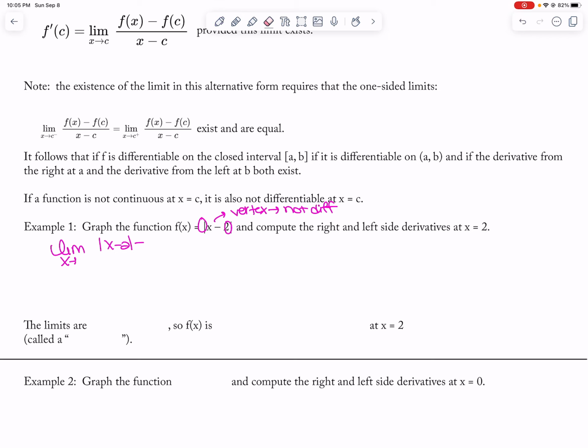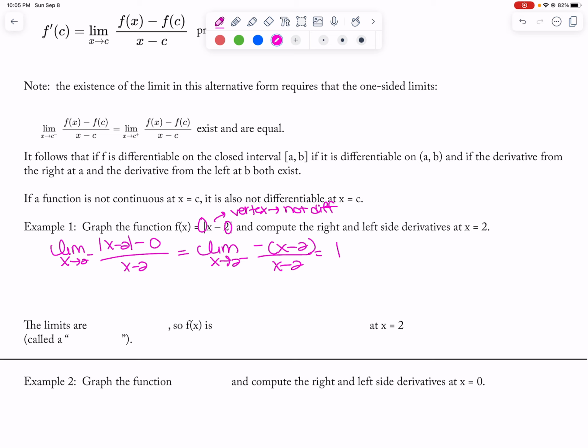I'm approaching the vertex, so it's not x approaches 0, sorry, but 2. When I plug in 2, I would get 0 all over x minus 2. So if I'm approaching 2 from the negative side, when I drop my absolute value, I'm going to have to make this whole thing negative. And I get an overall negative 1.